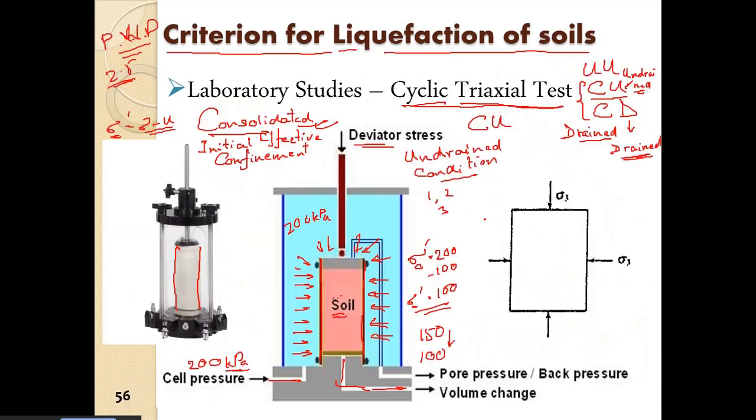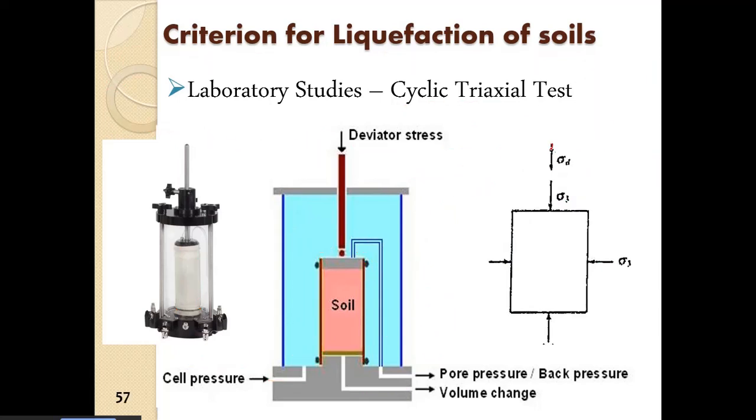In cyclic triaxial, here we apply cyclic deviatory load. Once the deviatory load is increased to a particular value, suppose sigma d, then again it is released, it becomes maybe 0, again it is applied, again it is released. So it is in a cyclic manner.